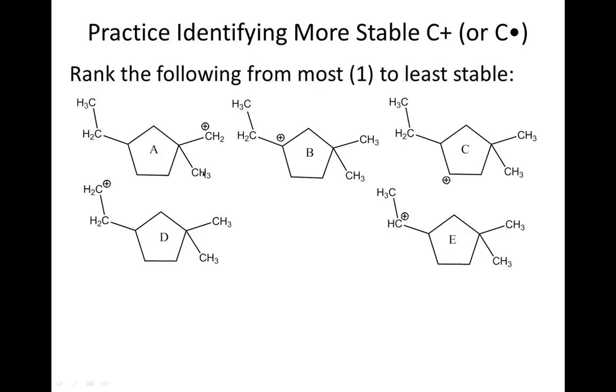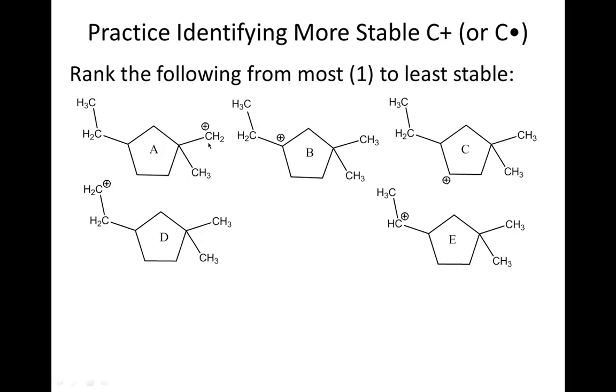So let's practice looking at these molecules to see where the most stable carbocations are and to decide what degrees they are. So if we look at molecule A, here's our carbocation. What degree carbon is that? Remember, for degrees of carbon, you just count how many carbons it is directly attached to.